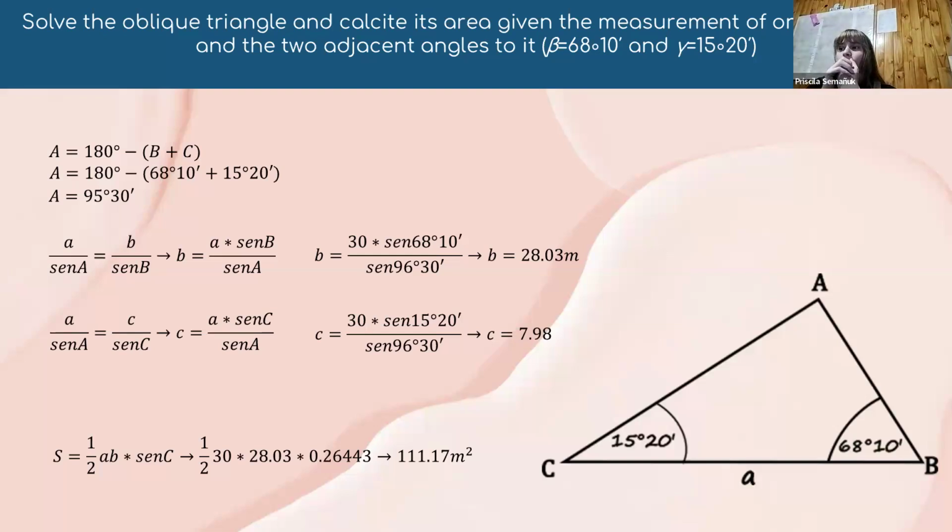So I'm standing here on the lowercase a, and I can touch to my right beta and to my left gamma. So I have these two angles.